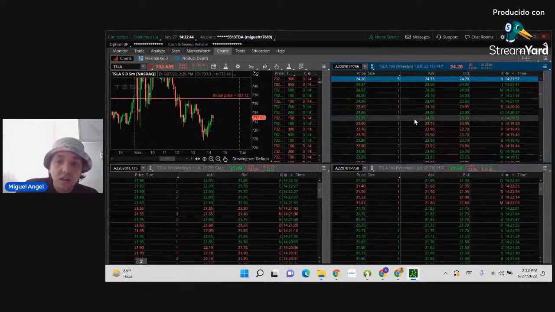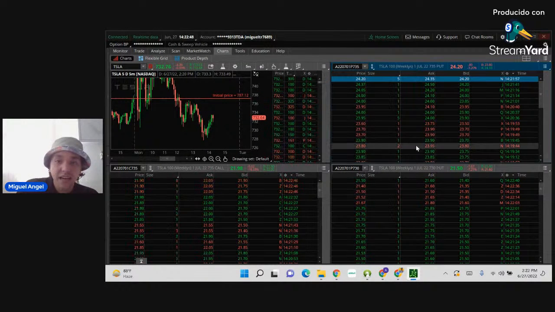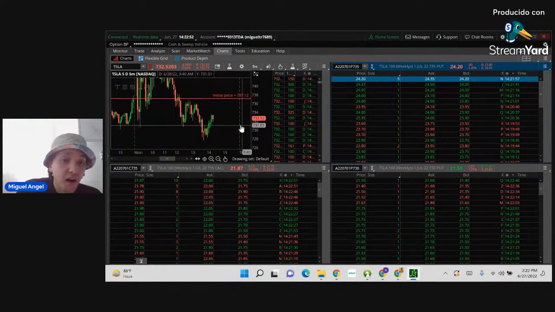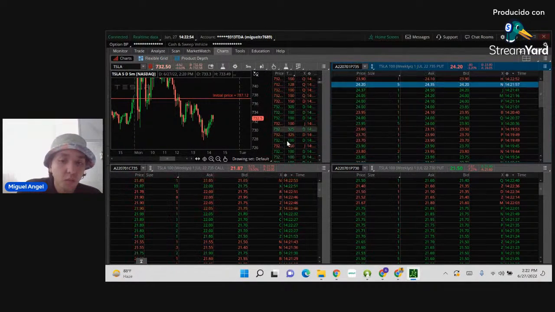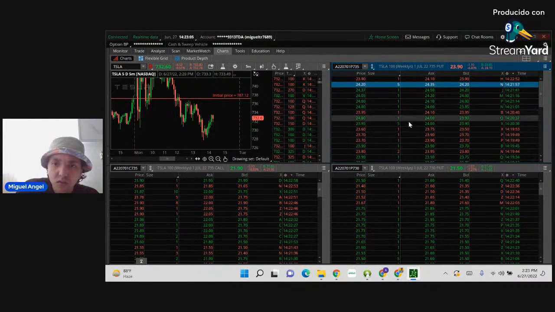Perfect. There we go. Now, finally, this is not an accurate example, but right now we are seeing a lot of green here, and it won't be strange if price goes to the downside. Why? Because right now here at 30, I'm seeing a lot of aggressive buyers also here.